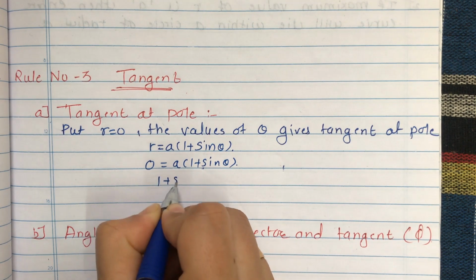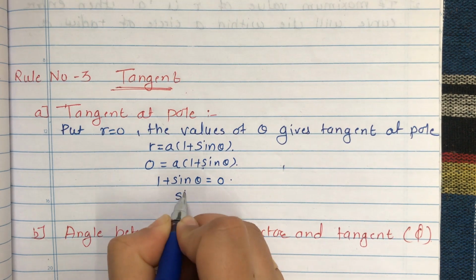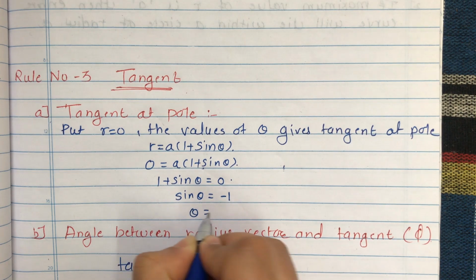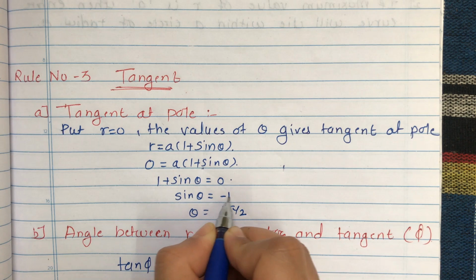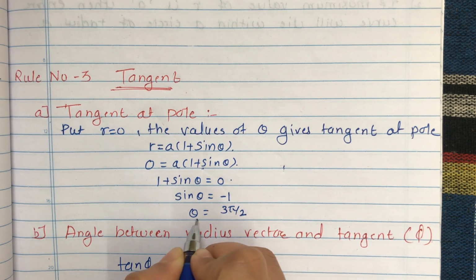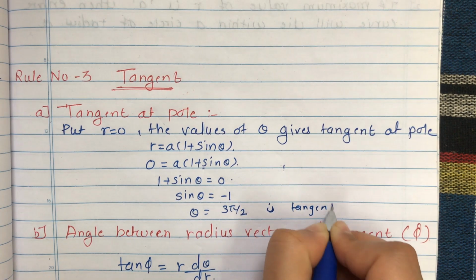So we can write 1 plus sine theta is equal to 0, and sine theta is equal to minus 1. So theta must be 3 pi by 2, right? You can write theta is equal to sine inverse of minus 1, and theta is equal to 3 pi by 2.